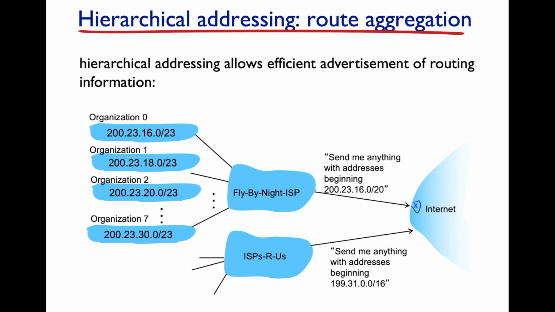Now, they send that data to you, and you know from advertisements from gateways for each one of your customers, well, I manage all the addresses with 200.23.16.0 subnet mask 23. So that means all that data that can go to any one of these organizations is going to be sent in aggregate to Fly-by-Night ISP, and Fly-by-Night ISP is going to send that data out the correct output port because the destination address is going to be different based on that block of 512 IP addresses identified by these smaller subnets.